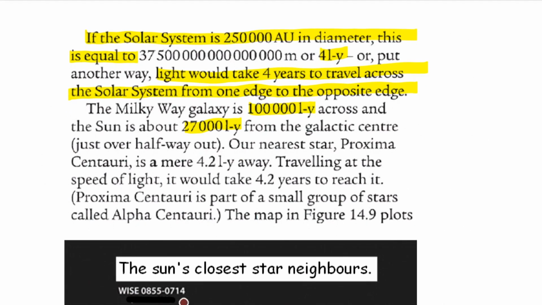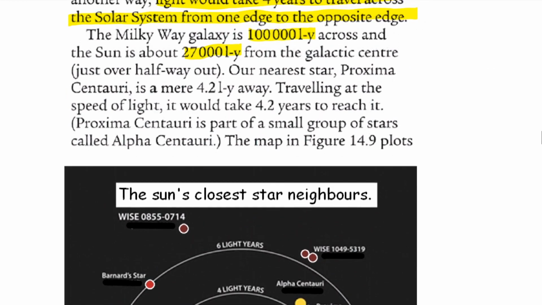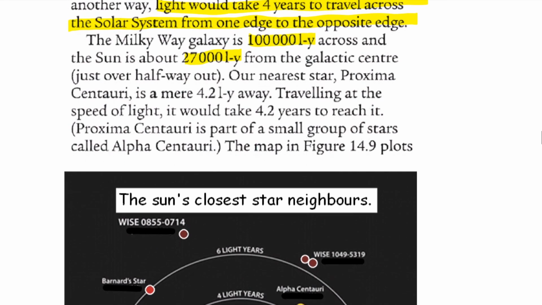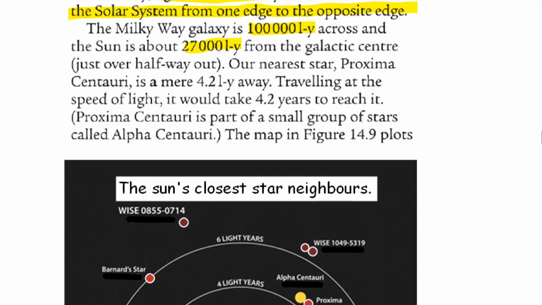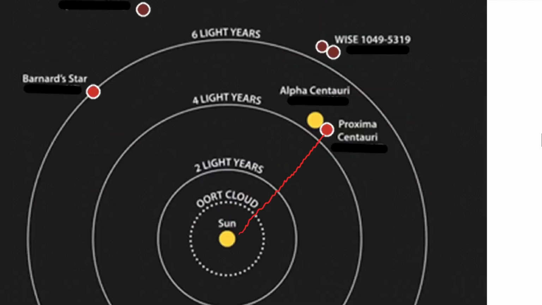Our nearest star, Proxima Centauri, is 4.2 light years away. Proxima Centauri is just here. So what it's saying is, from Earth, 4.2 light years to get there.